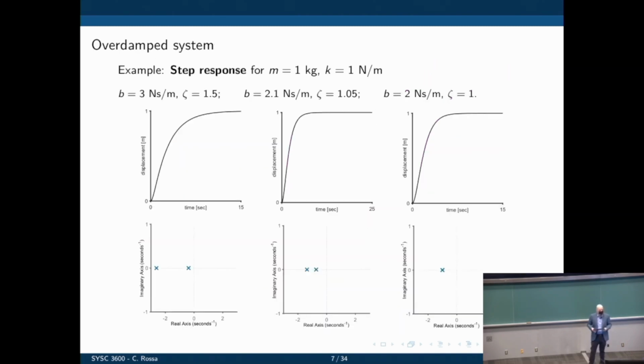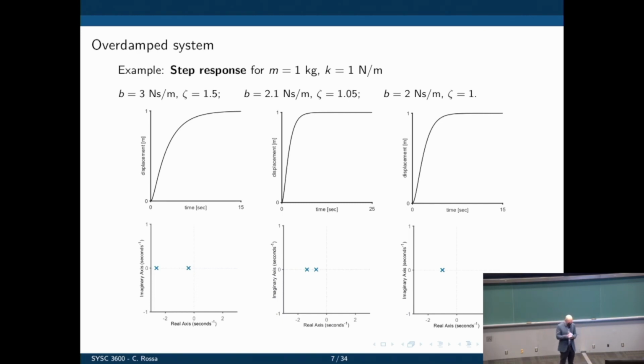Here are some examples. So I'm now just giving random values for the mass, the spring, and the damper. Mass is 1, spring coefficient is 1, and then I'm changing the damping. And by changing the damping coefficient B, I'm changing the damping ratio. You see that as I decrease B from 3 to 2, the damping ratio is decreasing from 1.5 to 1. And look what is happening in the time response. So here I have the time response and the location of the two poles.